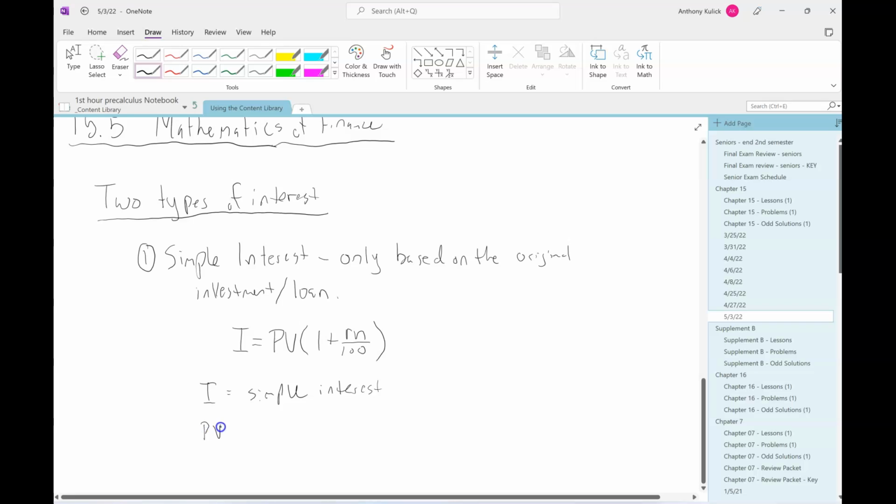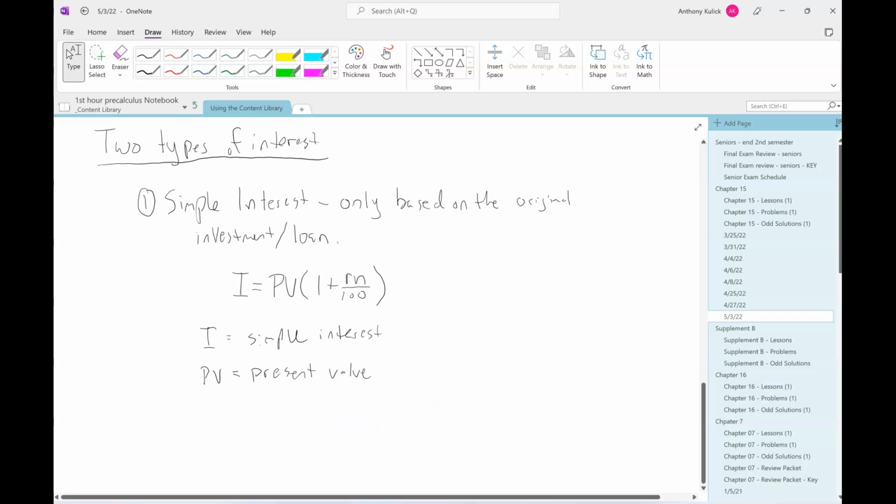I use PV for present value. That's the original value for the loan or the investment.